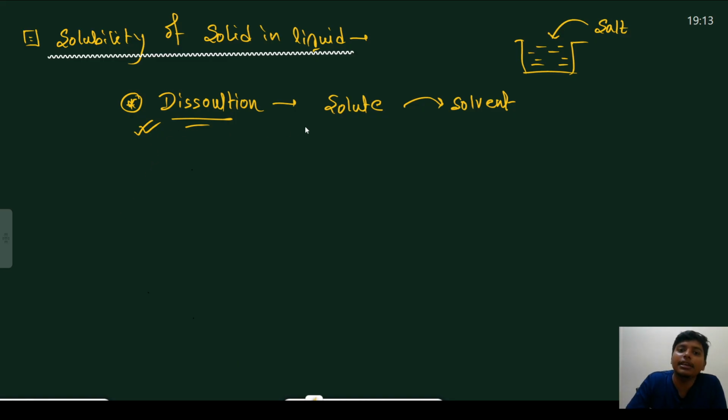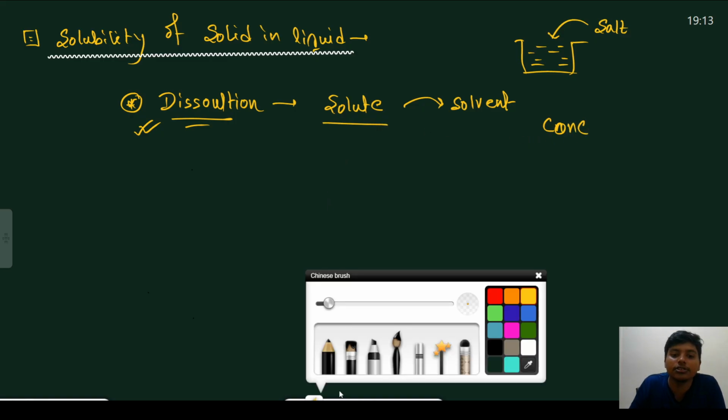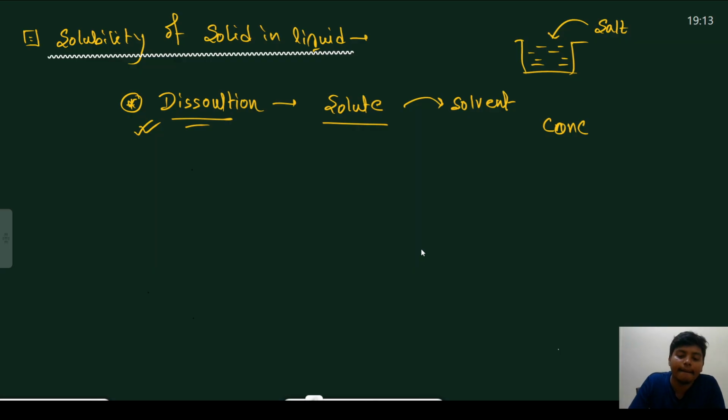Clear? Ajay, tell me, if I add solute particles in solvent, the concentration of solute will increase or decrease in the solvent? Tell. Decrease. That may depend on the solvent also. If I have pure solvent and I am adding salt in it, salt concentration in the solvent will increase or decrease?